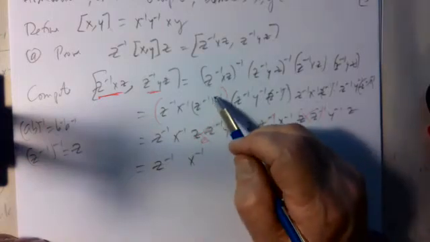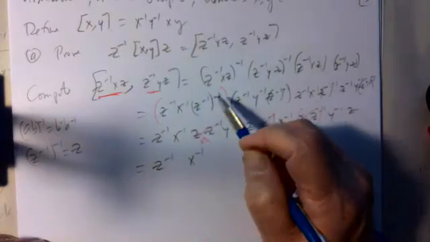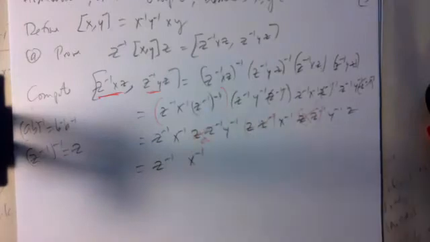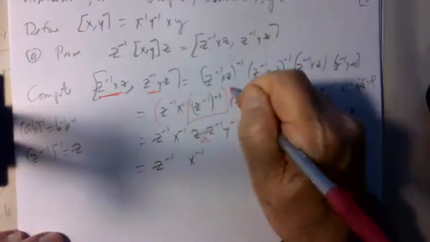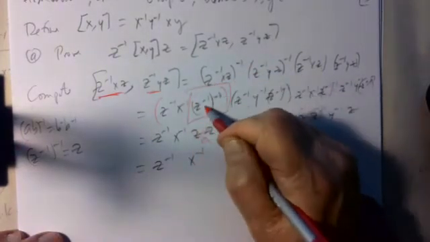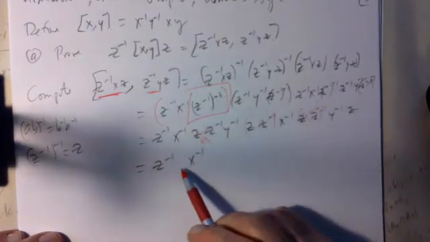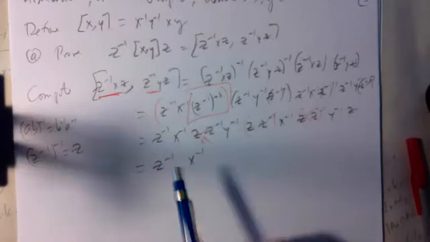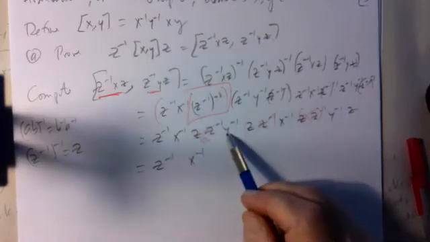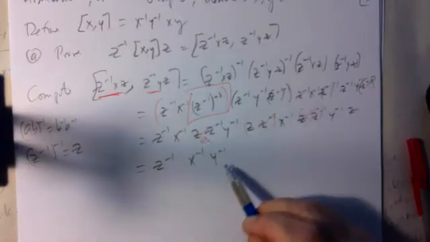This is Z inverse inverse, right? It's the inverse of Z inverse, and the inverse of Z inverse is Z. I see now. Thank you.